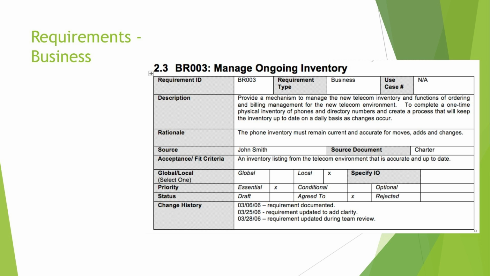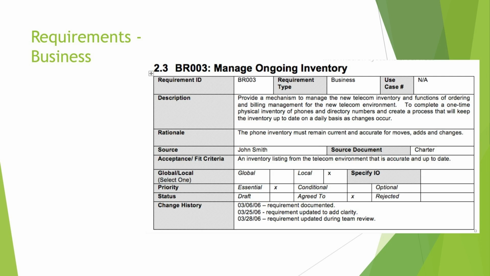So you can see that there are a number of components to this that all go into what is required to manage the ongoing inventory. When you look at functional and non-functional requirements following this, it would break these down into greater detail.